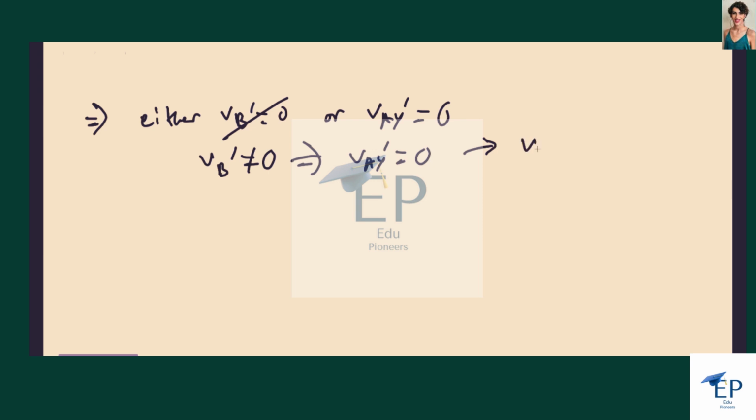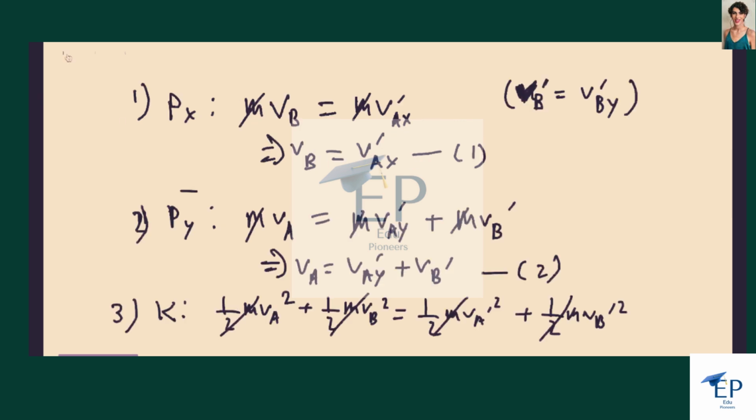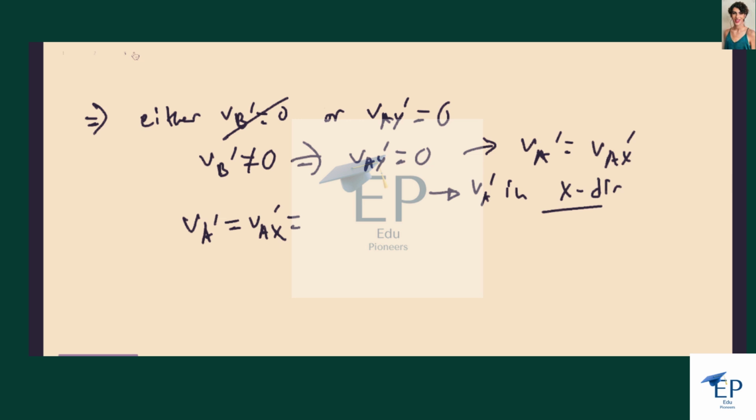So this just means that vA prime is equal to vA x prime. It's only in the x direction. All right, therefore vA prime in the x direction is one of the answers, and the other answer is what are vA prime and vB prime. So vA prime is just vA x prime, which from equation 1 is vB, and vB, as we know, is 3.7 meters per second.